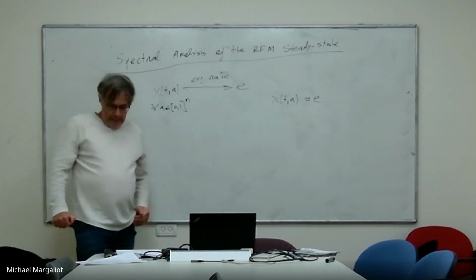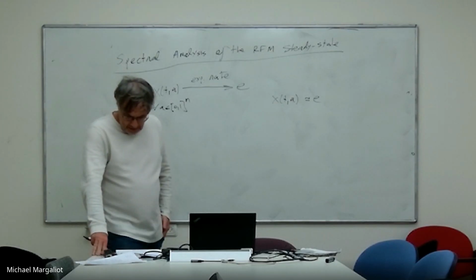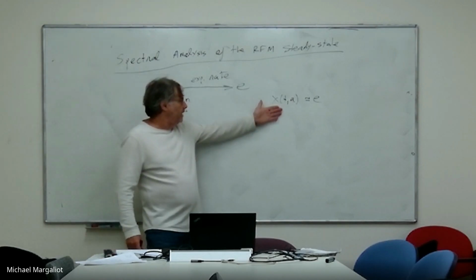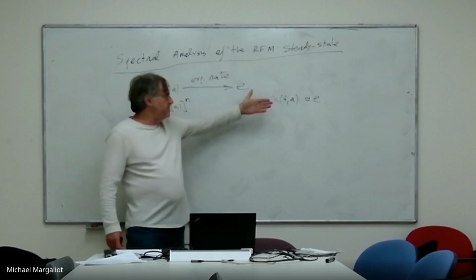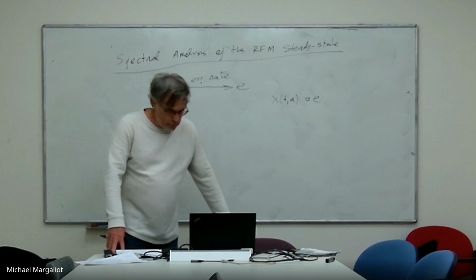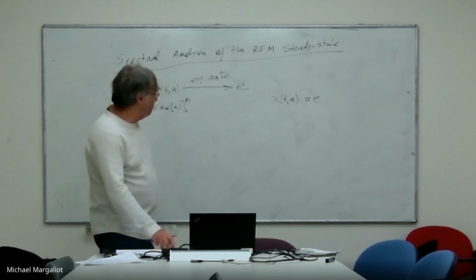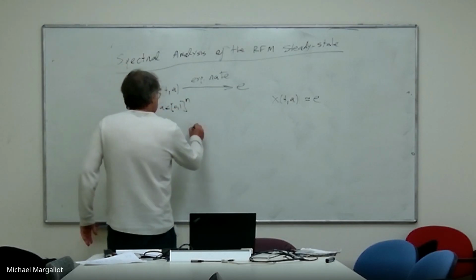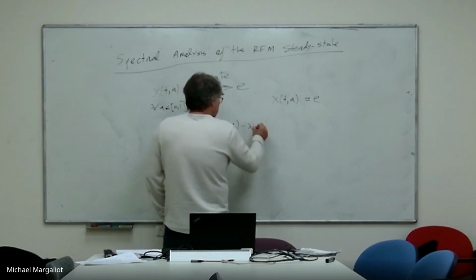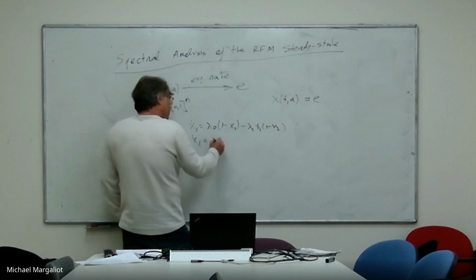So by analyzing what happens at the steady state, we will get a good description of what happens in the RFM, because after a short time, what we see are densities that are very close to the equilibrium value. Now, from the RFM equations, let me write them again, because by now I know them by heart. And maybe you also know them by heart.